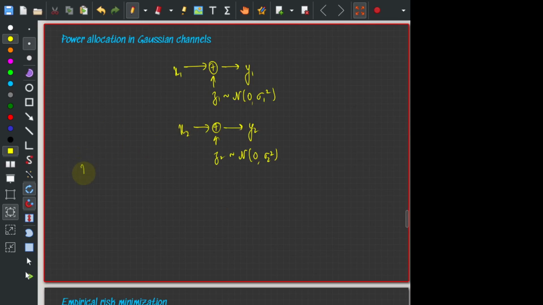So x1 square plus x2 square and so on, say I have m channels, up to xm square, should be less than or equal to some power constraint P. Basically I can allocate a power of P1 over the first channel, P2 over the second channel, and so on, Pm over the mth channel.